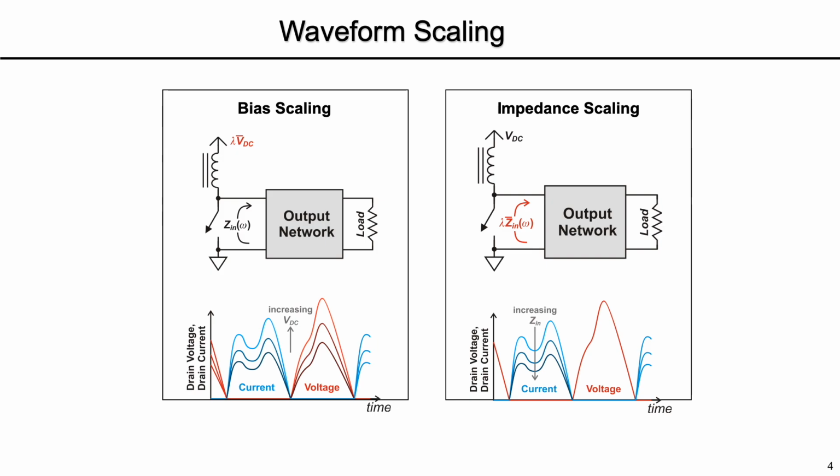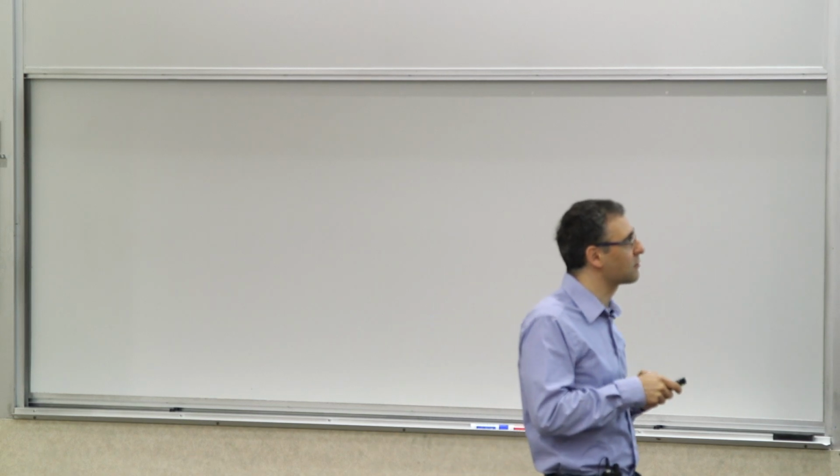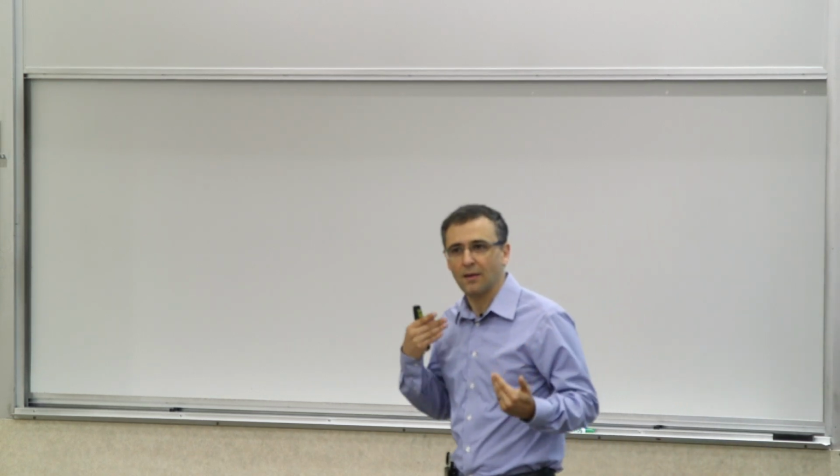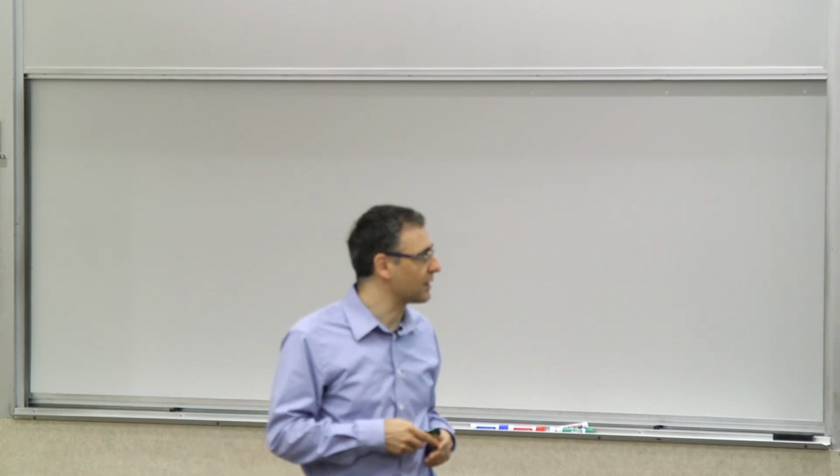So scaling the impedance network would only change the current and will not change the voltages across this network. I mean, these may seem obvious and simple, but they can provide additional insight.